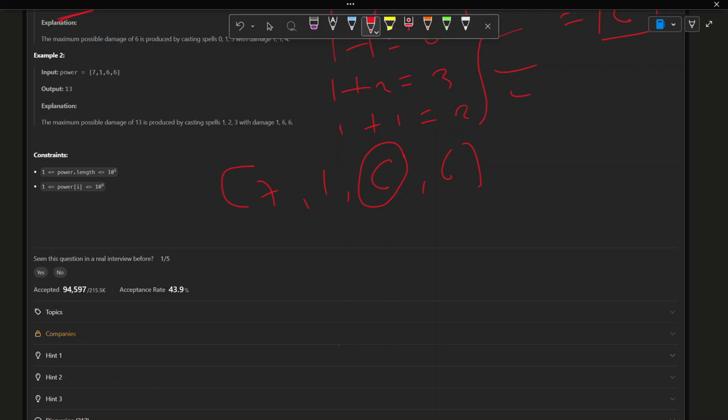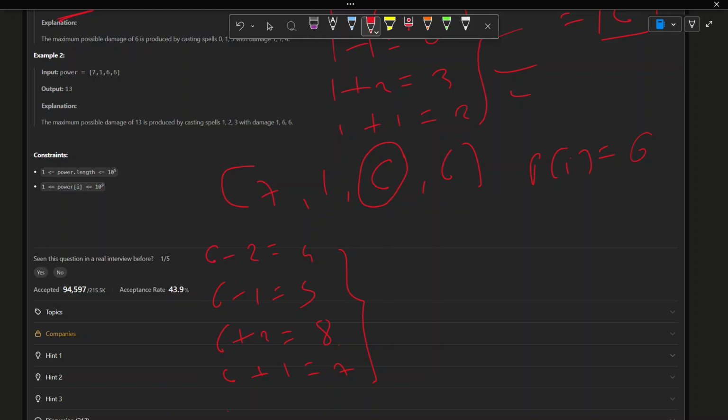If I consider power[i] equals 6, then 6 minus 2 equals 4, 6 minus 1 equals 5, 6 plus 2 equals 8, and 6 plus 1 equals 7. These are the values we cannot consider in our final answer.